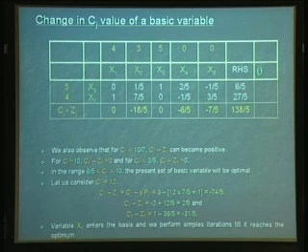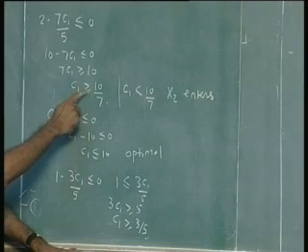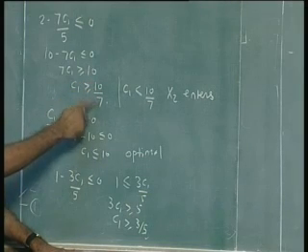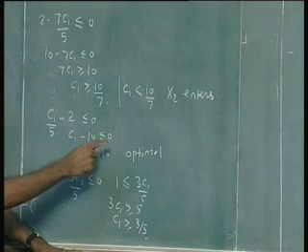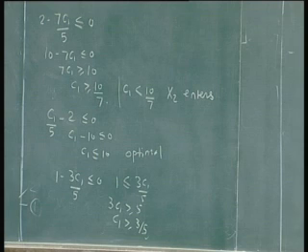So we realize that in the range 5 by 3 to 10, the present set will be optimal. What we need to look at is, as long as C1 is greater than or equal to 10 by 7, less than or equal to 10, and greater than or equal to 5 by 3, the present set will be optimal.